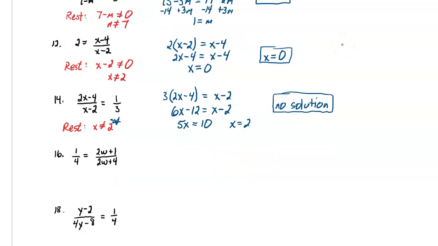Number 16. This has a restriction. The denominator cannot be equal to 0. Therefore, W cannot be equal to -2. This has the style of a proportion, so I'm going to use cross multiplication. Multiplying one diagonal is 1 times 2W plus 4, which is just 2W plus 4. That's equal to what you get when you multiply the other diagonal.